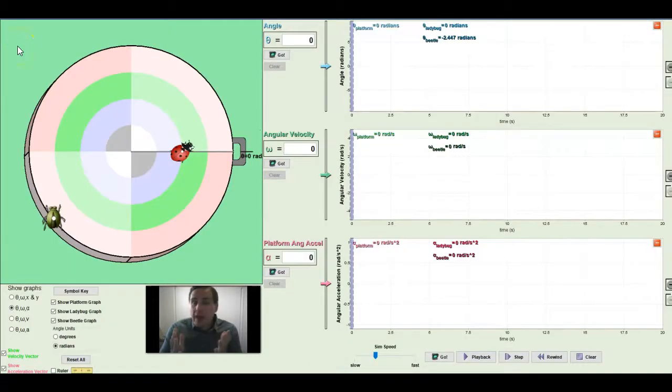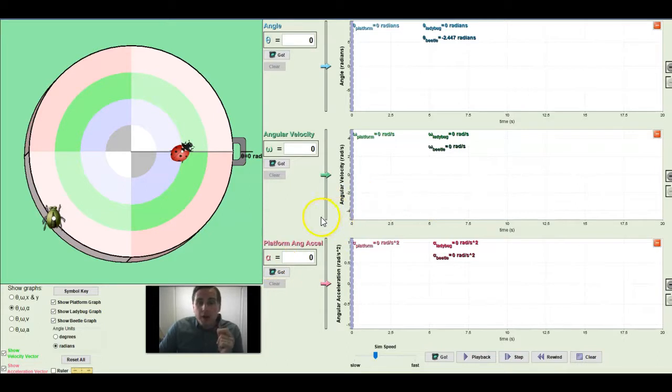So now with the aid of our graphs here, that is theta, omega, and alpha, that is angular position, angular velocity, and angular acceleration, we've set them to be units of radians for angle theta, radians per second for angular velocity omega, and then radians per second squared for angular acceleration alpha.